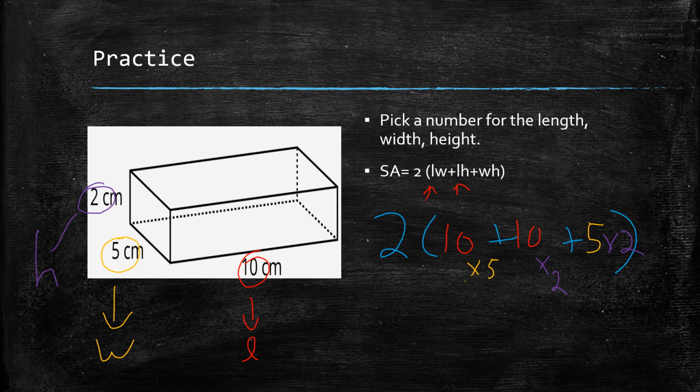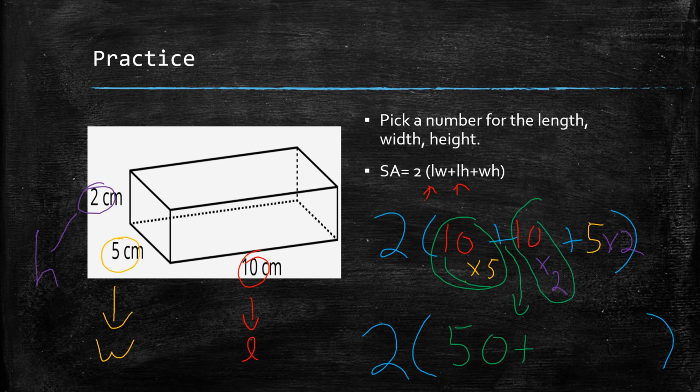So now I'm just going to do a normal basic problem. I have parentheses. I'm going to do everything inside the parentheses. I have multiplication and addition, so I'm going to multiply first. So this problem becomes 2 times, inside my parentheses, 10 times 5. Let me circle that. 10 times 5 is 50. Plus, there's my plus sign. I have 10 times 2. That's 20.